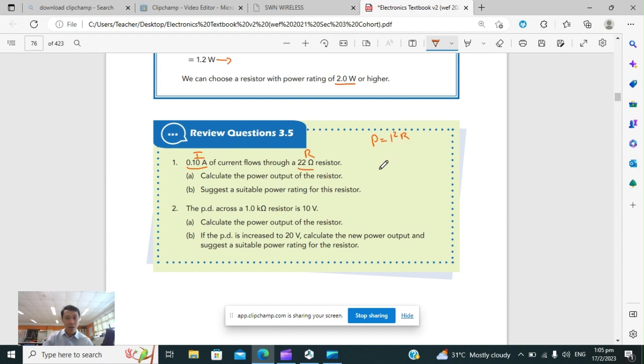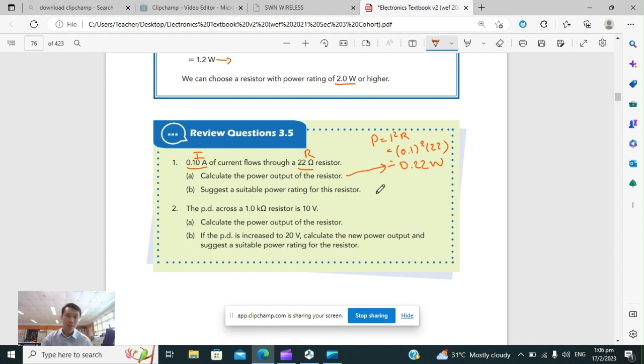I know that it is I squared R. The current is 0.1 squared, the resistor is 22. Let me press my calculator real quick. So 0.1 squared times 22, and I end up with 0.22. That is the power output here.